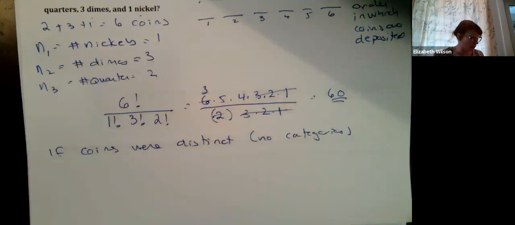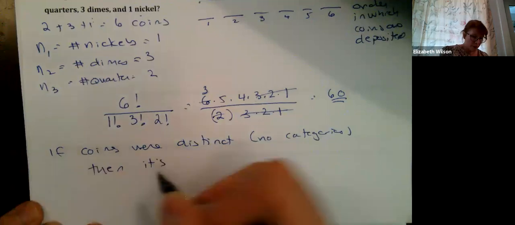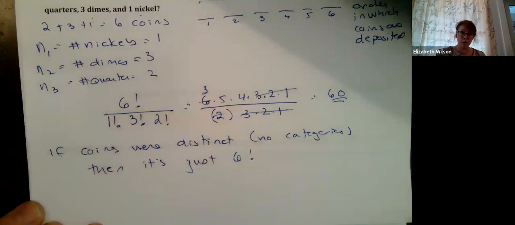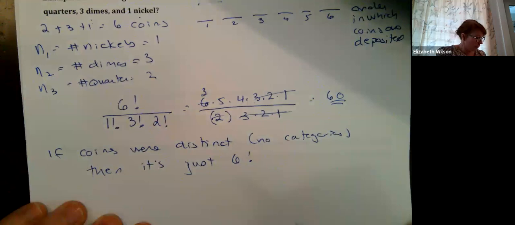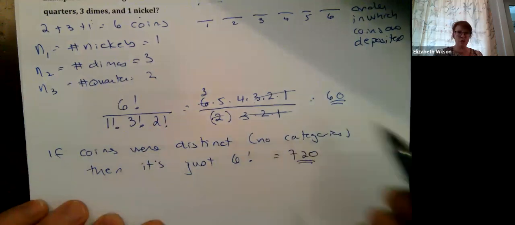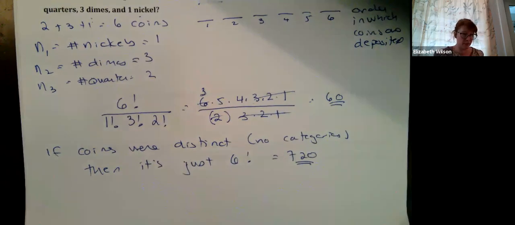Then the total number of possibilities is just 6 factorial, because I have 6 factorial possible ways that I can put in these coins. So that would be 720 permutations for how I could put in these 6 distinct coins into the vending machine. Or I just think about quarters as one group, dimes as another group, nickels as another group. I'll give you a second to write that down.